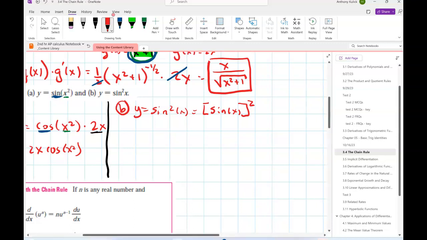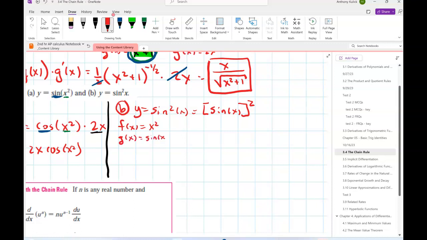So what is the outer function in that case? X squared. Great. That's perfect. And the inner then is sine x. So the derivative of x squared is 2x, and the derivative of sine is cosine x.